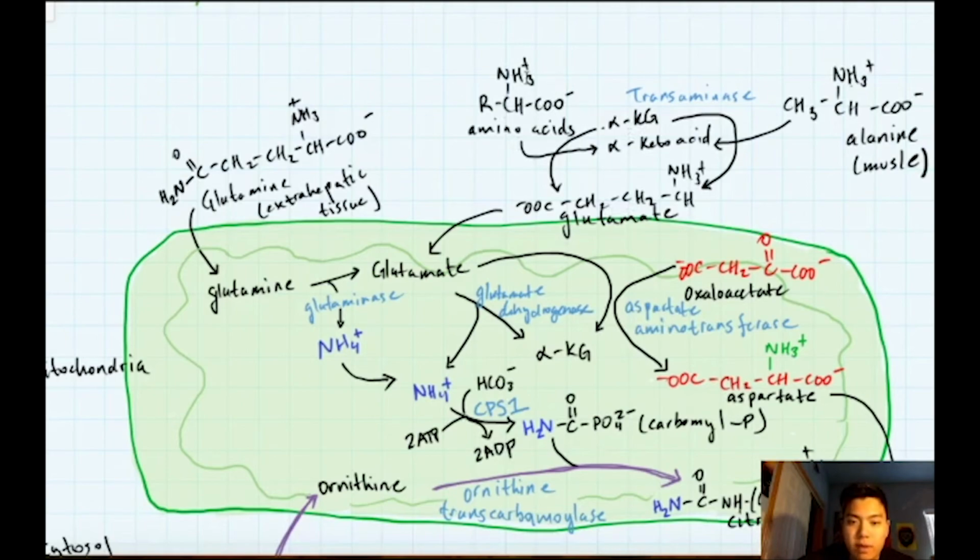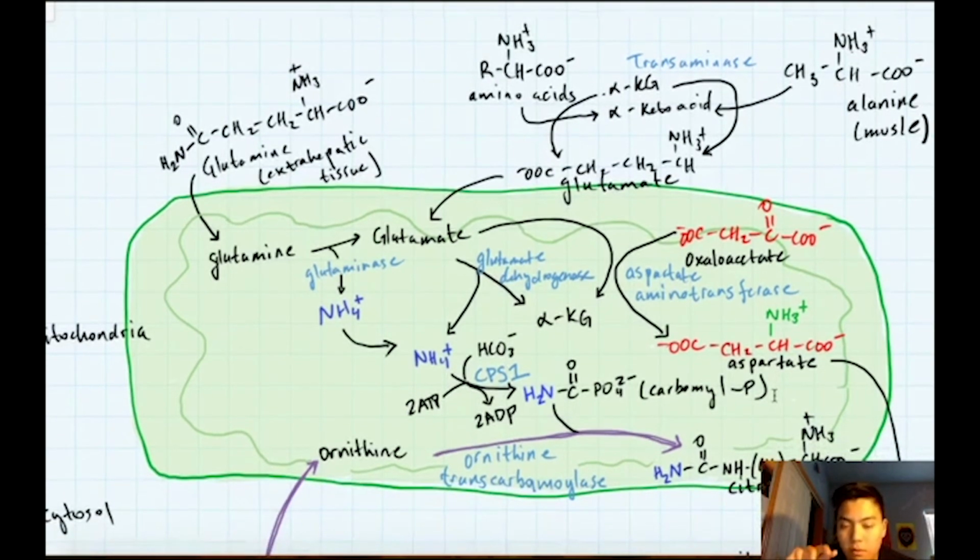So whenever we have amino acids coming from our diet, or alanine from breakdown of our muscle, we're going to make glutamate, and glutamate will be shuttled into the mitochondria to eventually make this carbamoyl phosphate, remember what I talked about, and this aspartate, the two important molecules that will supply the nitrogen to our urea cycle, okay?